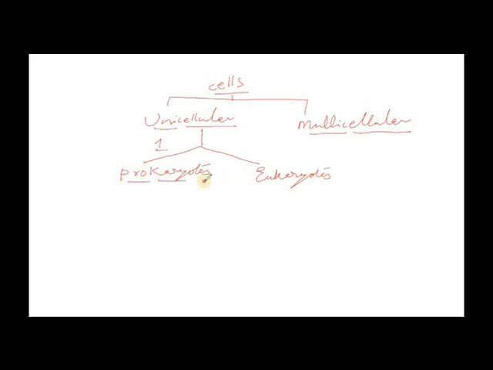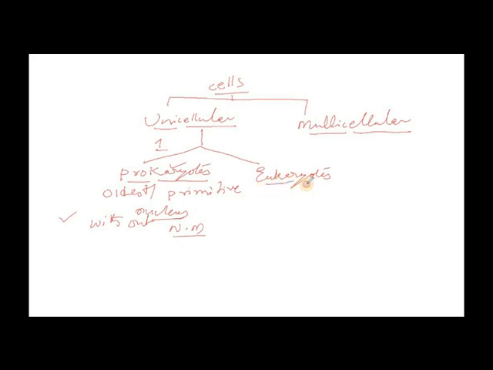Once again, recall: pro means primitive or oldest, and karyon means nucleus. Oldest or primitive nucleus means the nucleus is without a nuclear membrane. The nuclear envelope is absent in prokaryotic organisms.